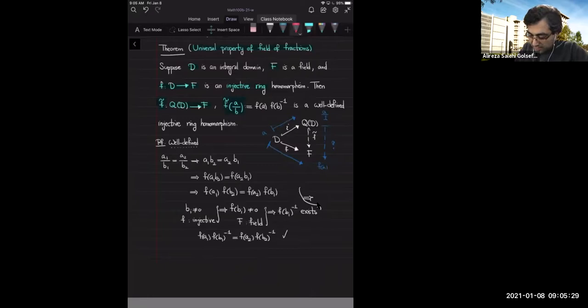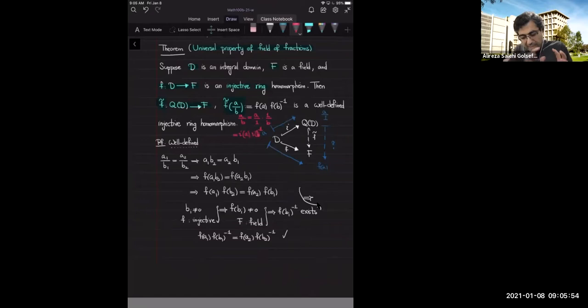Notice that A over B is A over 1 times 1 over B, and you remember, this is I of A times I of B inverse.